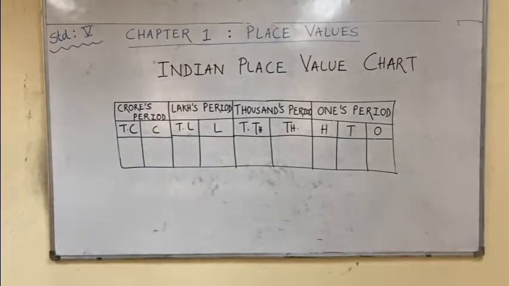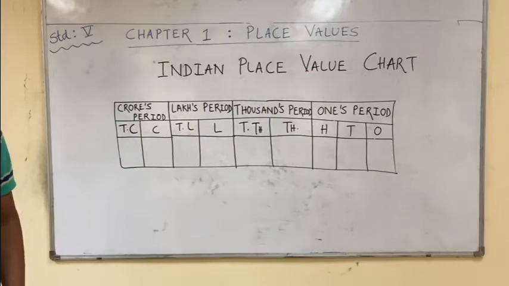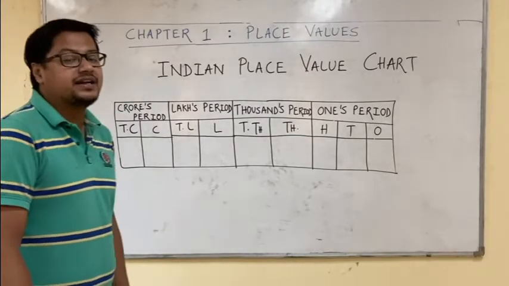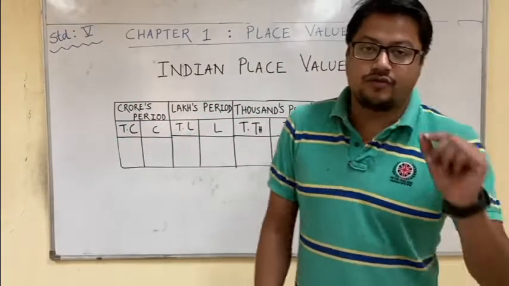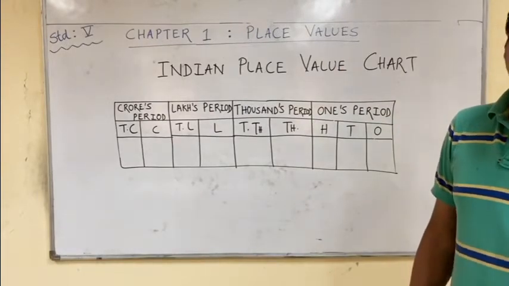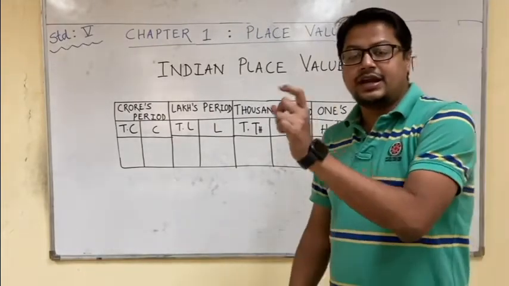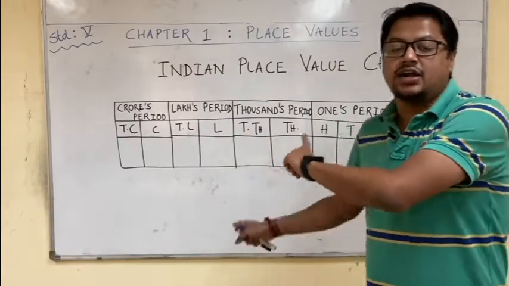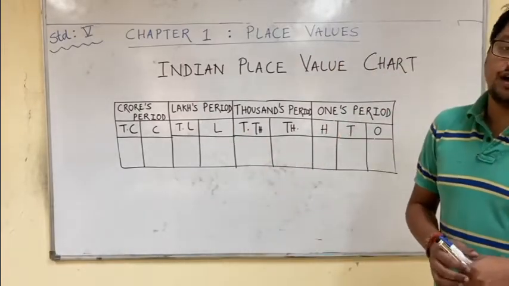Inside lakhs period we again have 2 places: lakhs, 10 lakhs. And inside crores period we have 2 places: crore and 10 crore. Okay, so whenever such kind of questions are there that represent number in Indian place value chart, you have to be doing such kind of questions.